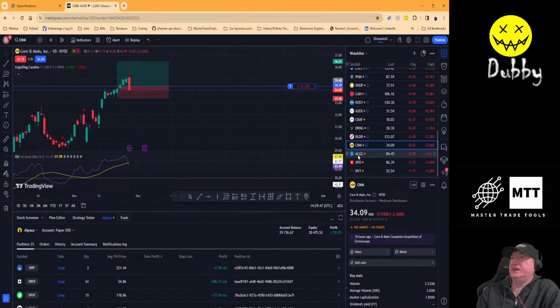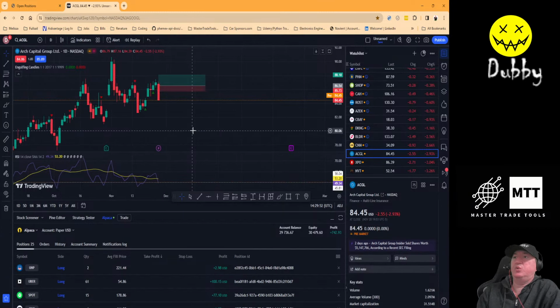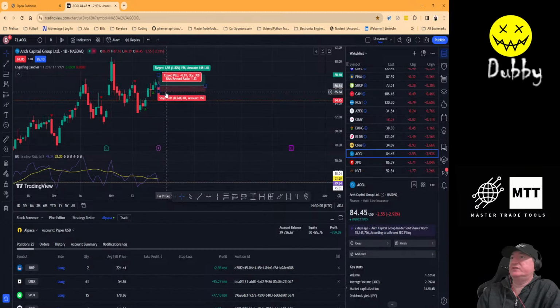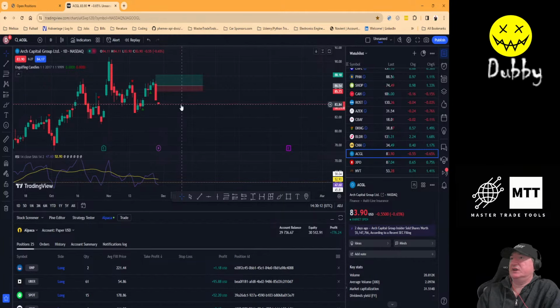Moving on, we've got ACGL. This is another one that had quite a pullback yesterday. It looks like it finally got stopped out at our stop out point of $85.64. Okay, so it looks like the market opened and now we've got some movement on this one.